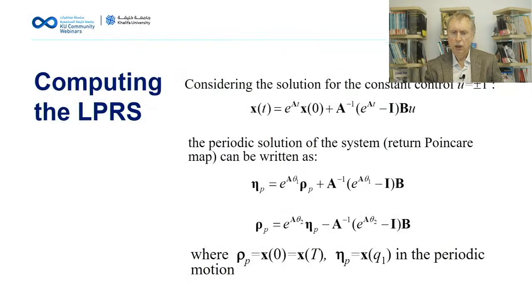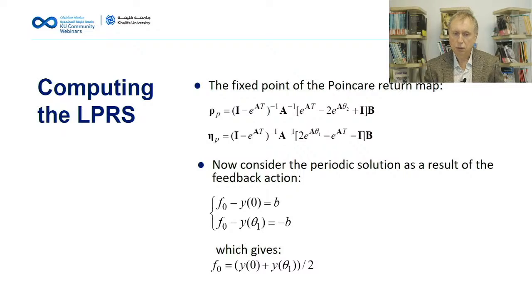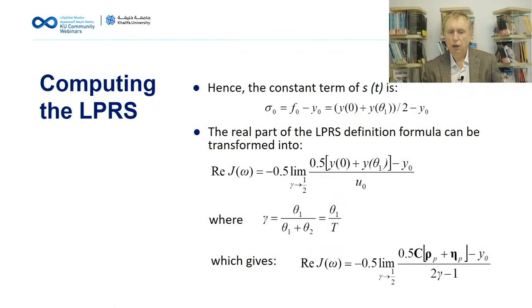So now, without explanation, I briefly go through the technique of computing the LPRS. We start from this solution in the state space, and we write the return Poincare map, and then we use the formulas for the closed loop system, and find the quantities that we need for the formula by which we define the LPRS.